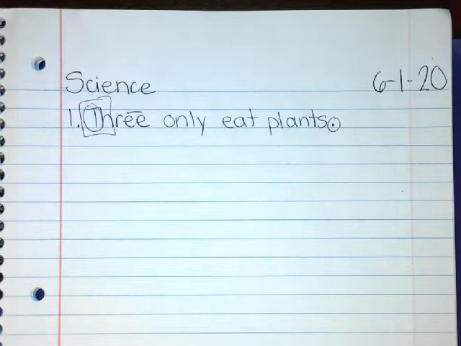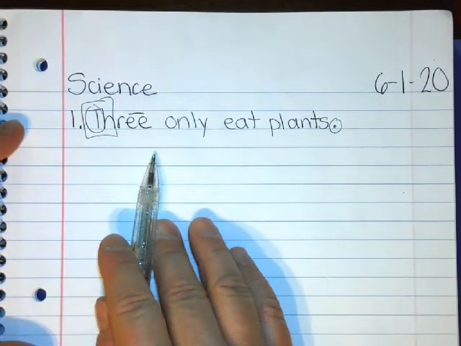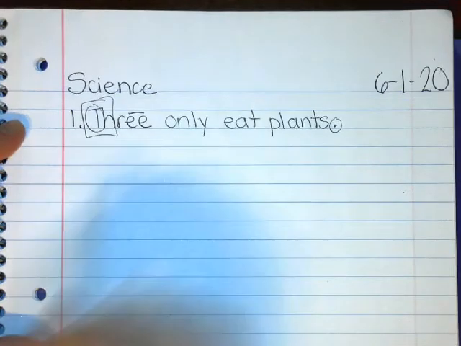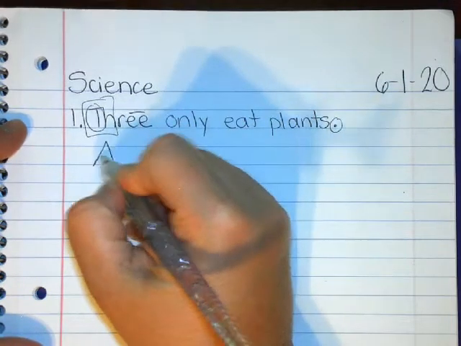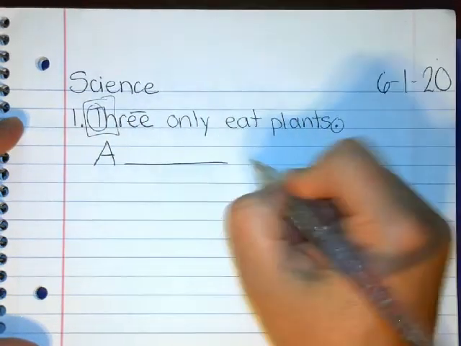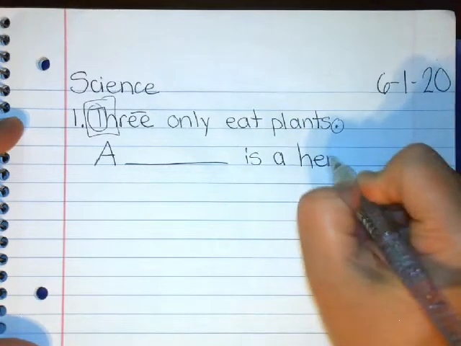Now, to make this a little more challenging, you're going to write another sentence, this time on your own. I'll give you the sentence frame, but then you're going to complete it. So you're going to write a sentence about one of the animals that eats only plants. A blank is a herbivore.